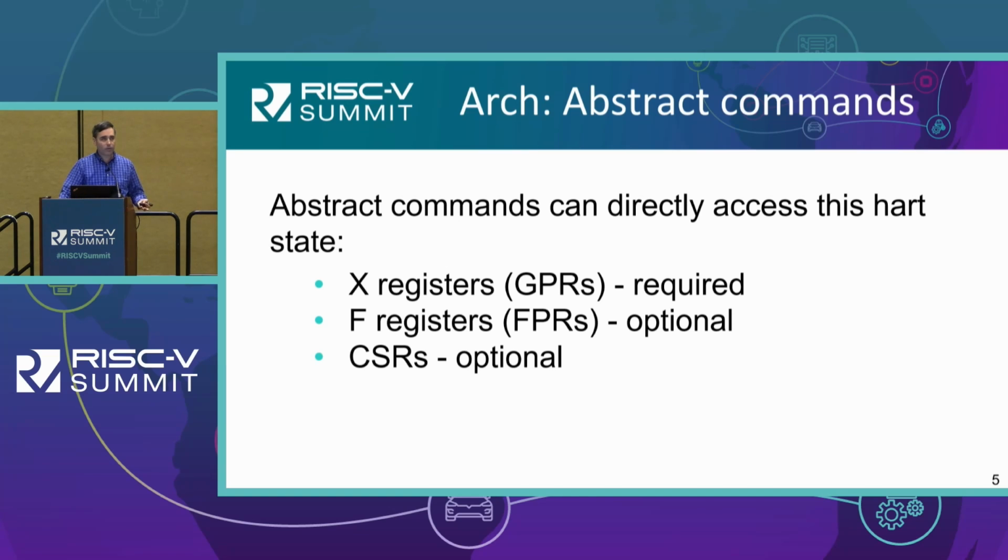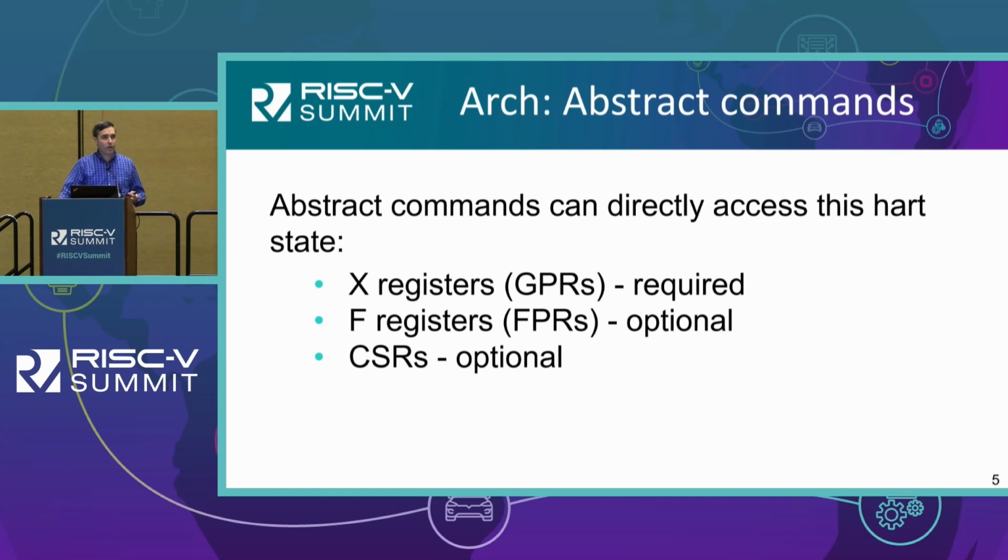The program buffer could be as simple as just single instruction injection, like ARM has EDITR, which does that. And there's a mechanism in RISC-V to automatically execute the program buffer whenever a new instruction is written to the buffer, so it's very much like EDITR in ARM.